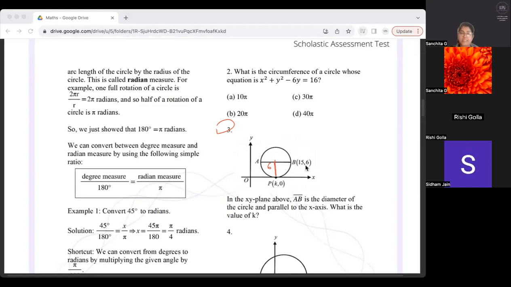Yes, guys. It's a very simple question, actually. Super simple question. This is 6. This is my radius. Because from a point to the circle, it is going to be constant, right? Radius becomes constant. So this is also 6, right? Understood? This is 15. So this k becomes what? 9. 15 minus 6.